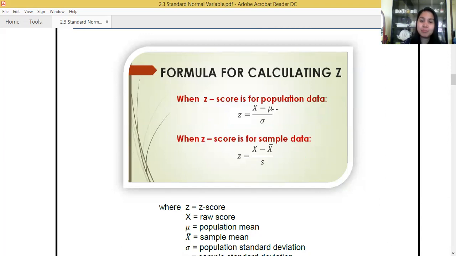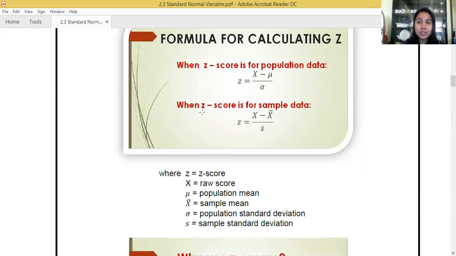Mu is the population mean, all over sigma. Sigma is the population standard deviation. If it's for sample data, we'll have the same formula, x minus x bar. X bar refers to the sample mean, all over S.